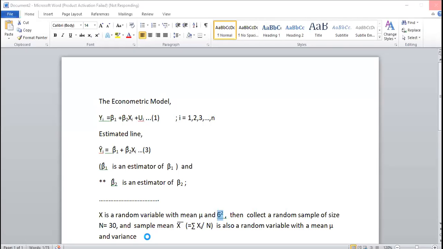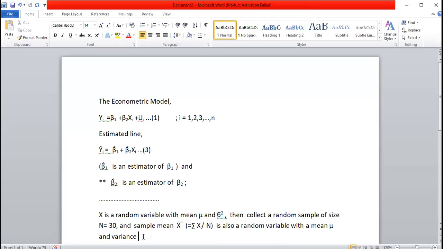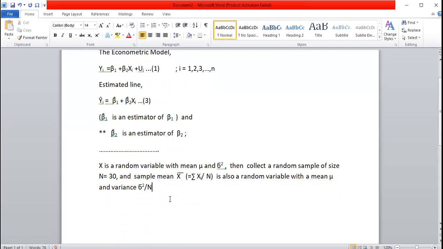Sigma squared divided by n. Exactly. Haven't we talked about this? Even if you don't recall: if X is a random variable with mean mu and variance sigma square, X bar is also a random variable with mean mu and variance sigma square by n.